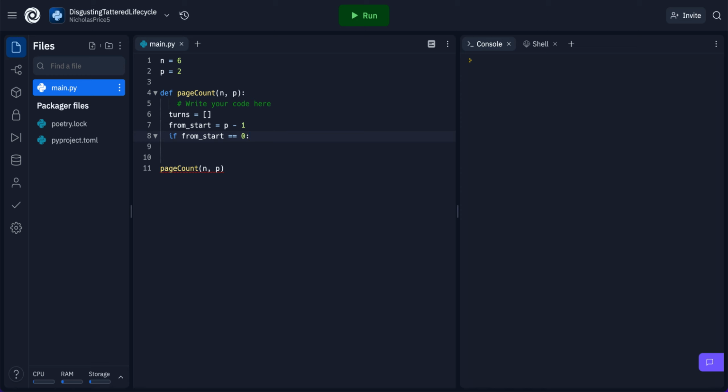So if you're trying to get to page 1 and you're starting on page 1, well, guess what? turns dot append, sorry, typo, append 0. You don't have to turn the page. Congratulations, you'll append 0 to your turns array. But what other scenarios do we have?